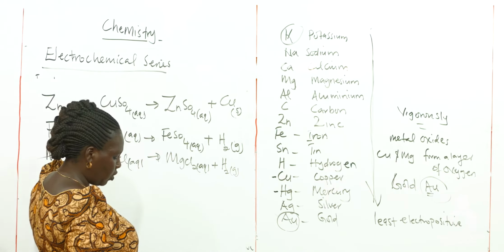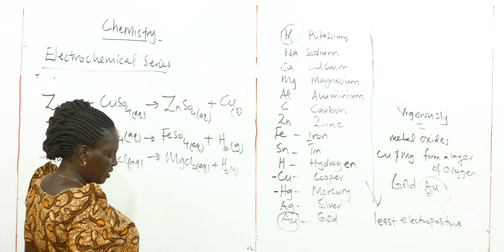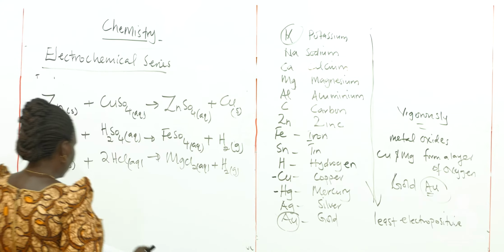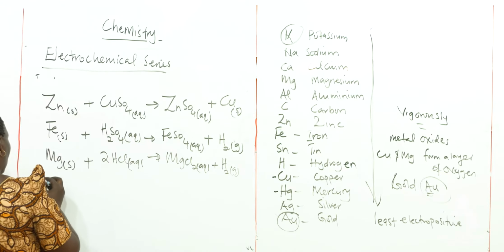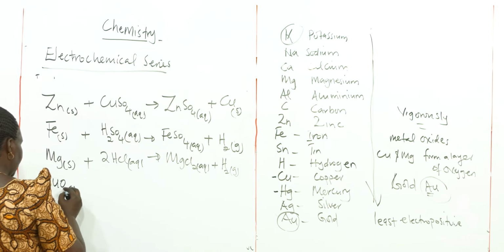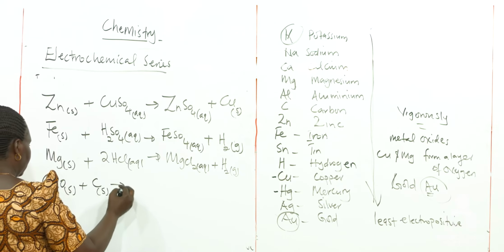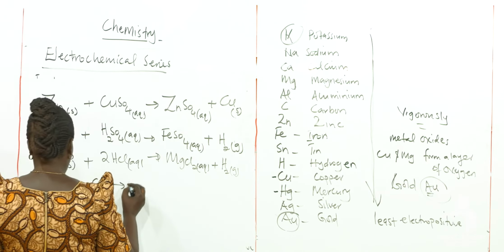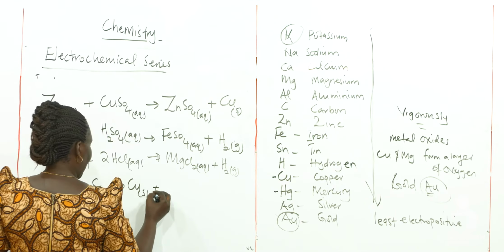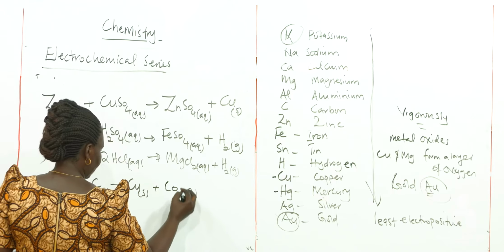Then also, oxides of metals below carbon in the reactivity series are reduced by carbon to metals. So we have copper 2 oxide, that is solid, plus carbon, solid. Then this will be reduced to copper metal plus carbon dioxide gas.